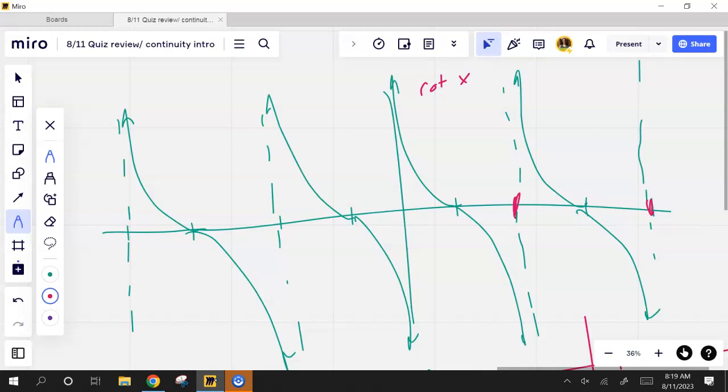If you look at your window, it's going from negative 2 pi to 2 pi. And then it says every half a pi to the dash line.